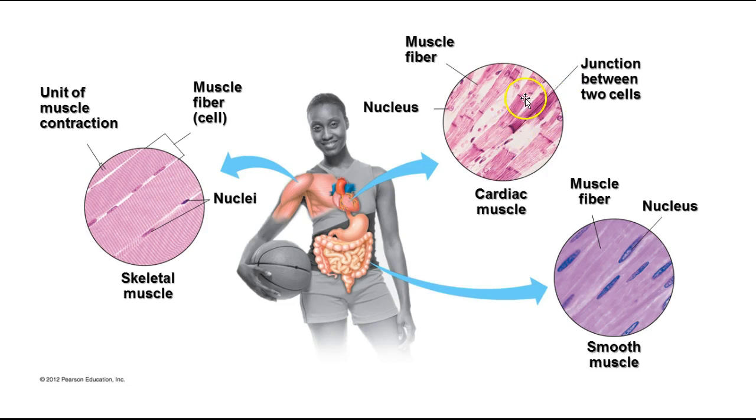We have different kinds of junctions between cells because these cells have to really coordinate together to make sure the heart continues pumping continuously on a day-to-day basis throughout the life of the individual. And then finally, smooth muscle cells, which are not striated in appearance, but are definitely very important. They're what moves the food through your digestive system, and the diaphragm, which helps you to breathe, is mostly smooth muscle, and so forth.